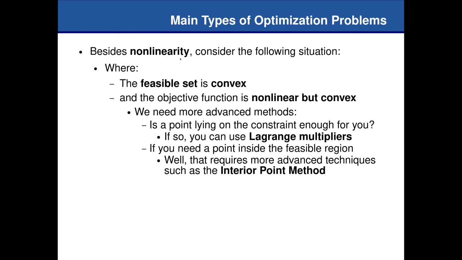For example, that non-linearity may bring some issues to solve my problem, and we're going to see that. However, if my feasible set is still convex, that is, every point inside my feasible set can be connected to any other point inside the same set, just using a line, and that line lies inside the feasible set itself. That's what convexity in terms of sets means.